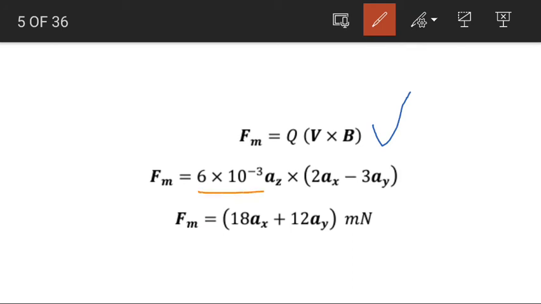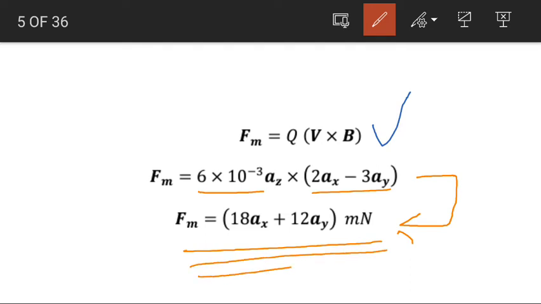So we get 6 × 10^-3 AZ cross the magnetic flux density, and the magnetic flux density is 2AX minus 3AY. We simplify this cross product. So the simplification of this cross product gives you the force which is experienced by this charge in the given magnetic field, and this force is 18AX plus 12AY millinewton.